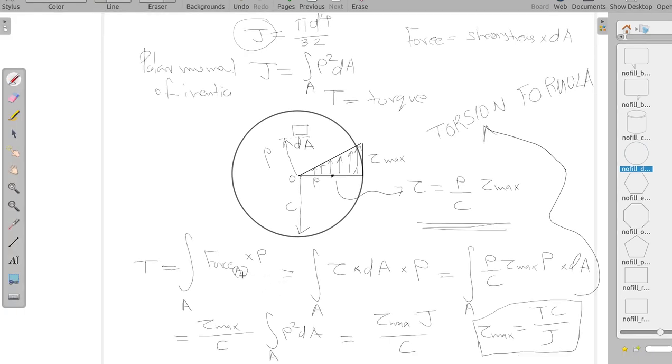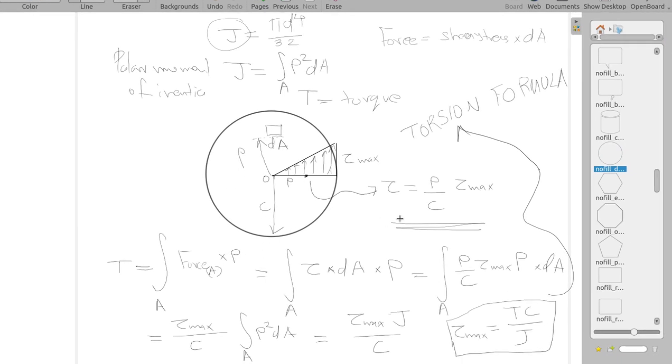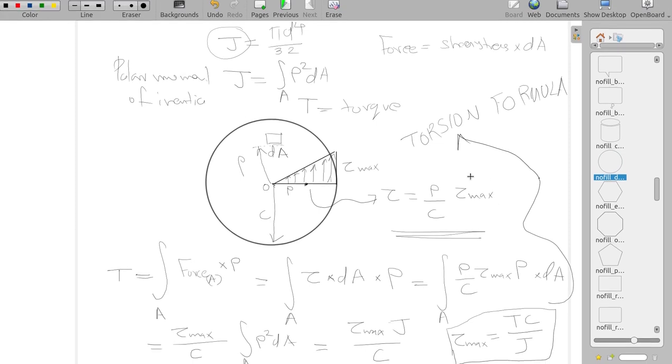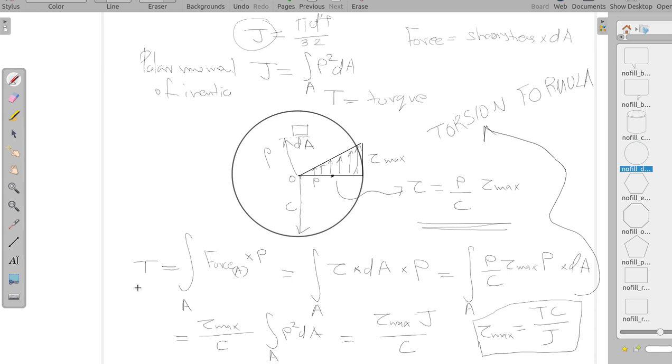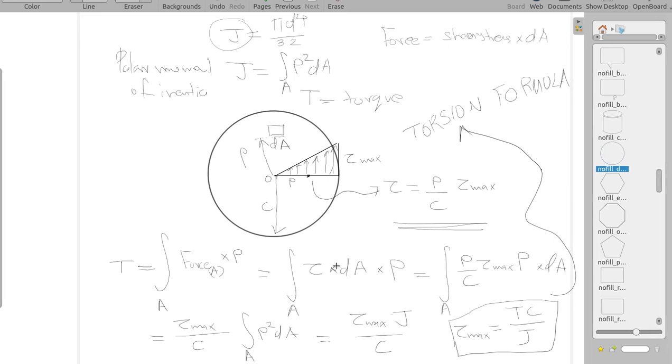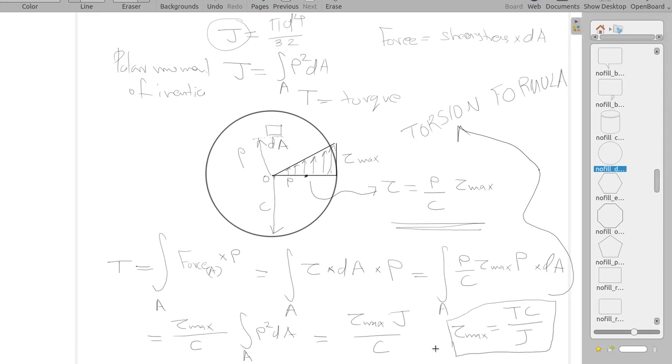And the derivation, like I've shown here, is very simple and straightforward. Once you make three assumptions and assume a linear variation of tau, you just find the torque by integrating, which is nothing but the moment of force: multiply the force on the elemental area with the corresponding radius and integrate it throughout the area. So within a few steps you will arrive at the torsion formula.